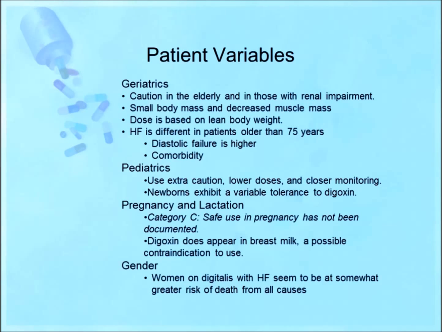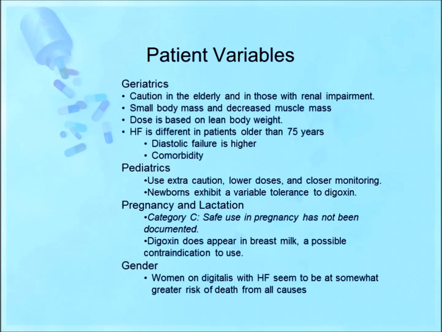The incidence of diastolic failure is higher, and almost all patients have significant comorbidities. Patients with decreased muscle mass and reduced renal clearance require lower starting and maintenance doses. Constant vigilance over time is required as renal function and body mass change with aging.